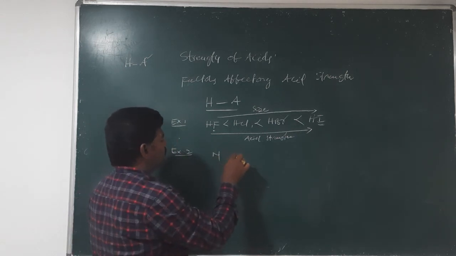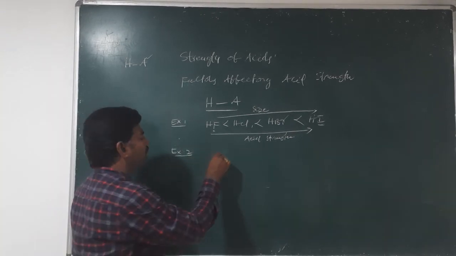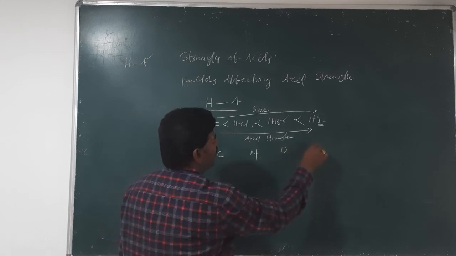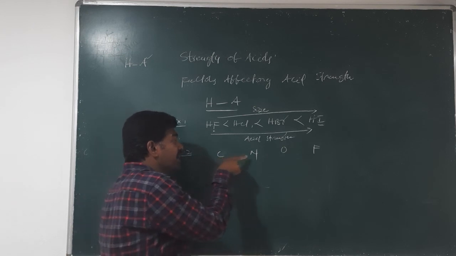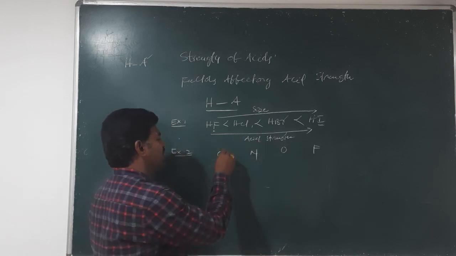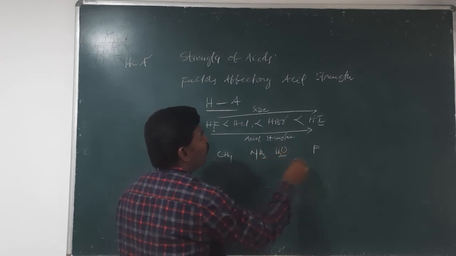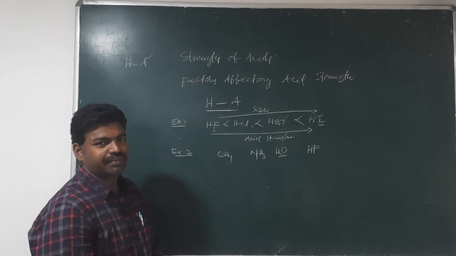For example, if we take carbon, nitrogen, oxygen and fluorine, these are the elements of the same period. You can take the acids CH4, NH3, H2O, HF. These are the Bronsted acids.